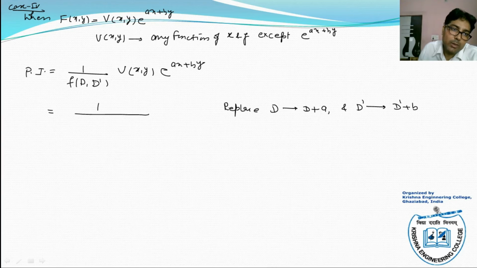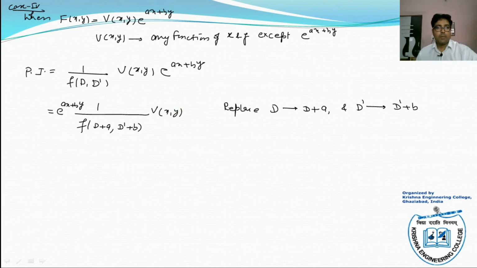So we write it out of the integration, e to the power ax plus by, and I have replaced D by a and D' by b in V(x,y). And V(x,y) is any form we have already discussed in case 1, case 2 and case 3. Clear?